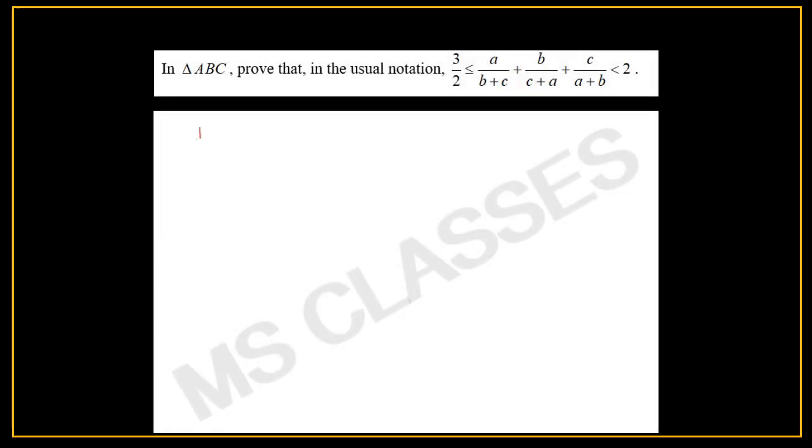In a triangle ABC, we have to show 3 by 2 is less than or equal to a by b plus c plus b by c plus a plus c by a plus b, which is less than... this one, the famous inequality, Nesbitt's inequality. So this we are going to do.